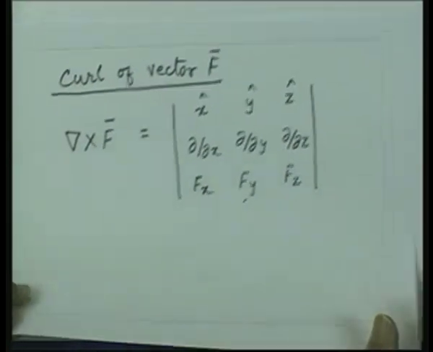Similarly, when we look at the curl of the vector, as the name suggests, it is something curling or there is some rotation involved here. So, if you consider a vector field and keep an object in that and treat a vector field like, let us say, again like a fluid flow, surface of a river, and try to keep some object on the surface of a river, because of the differential flow of the layers of the water, there will be some kind of a rotational effect which will be created on the surface of the river.